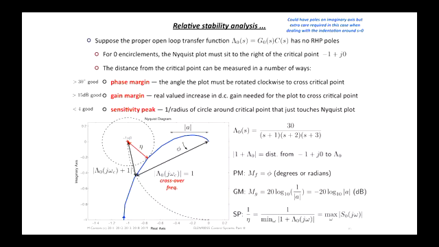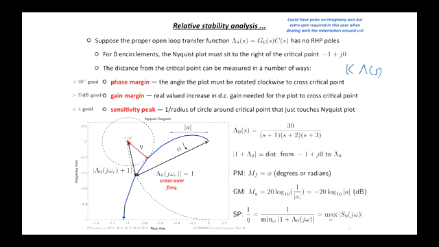Another way is in terms of the gain margin. And this is now thinking in terms of how much can I scale lambda by before I end up with a point on the critical point. So the frequency here will not be the crossover frequency, it'll be some other frequency. It'll be the frequency at which lambda has a phase of minus pi.